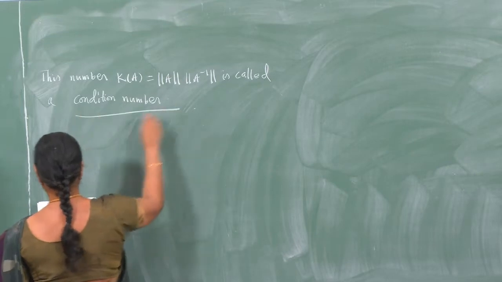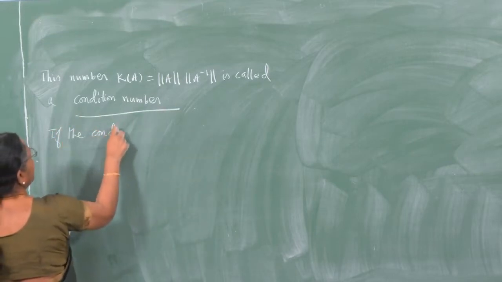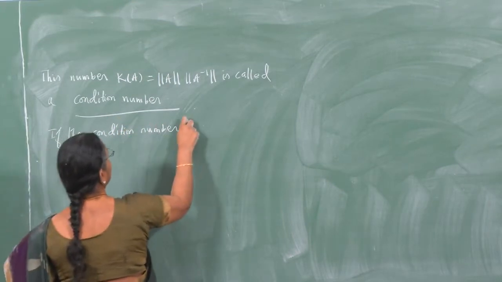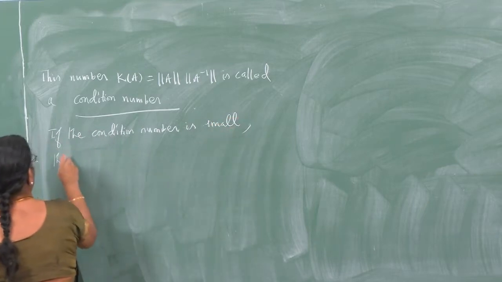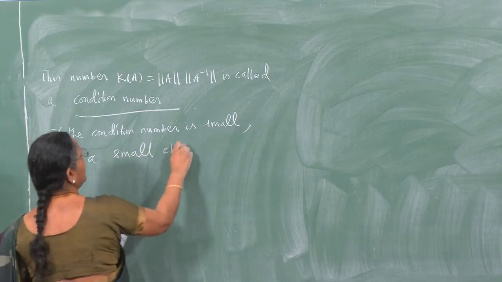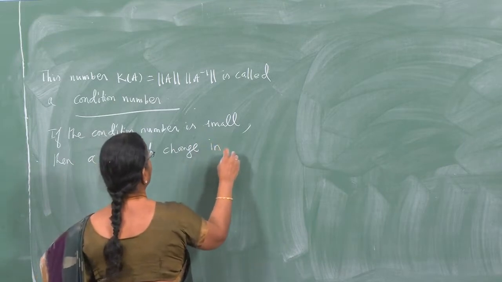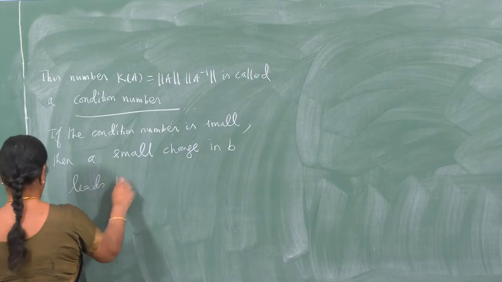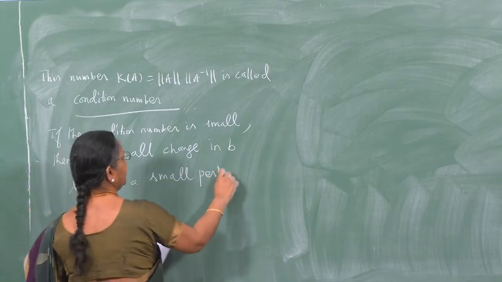And the result says that if the condition number is small, then a small change or perturbation in B leads to a small perturbation in x.